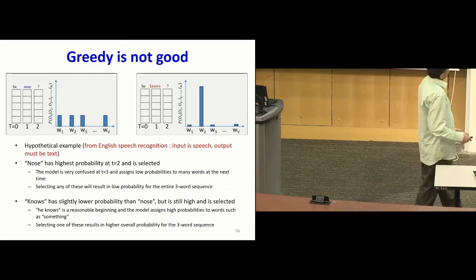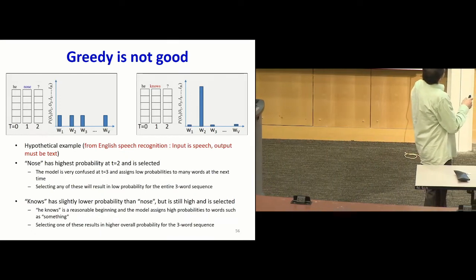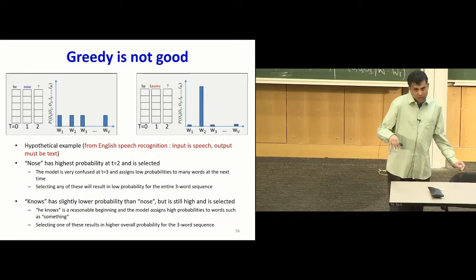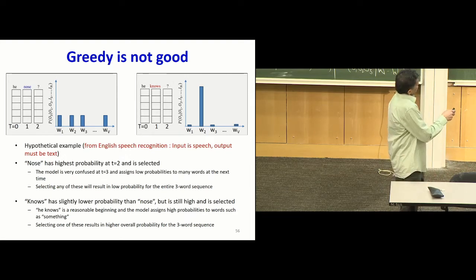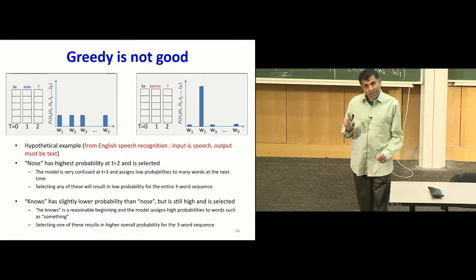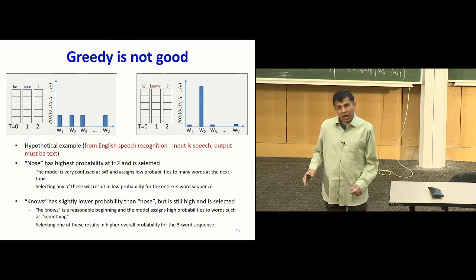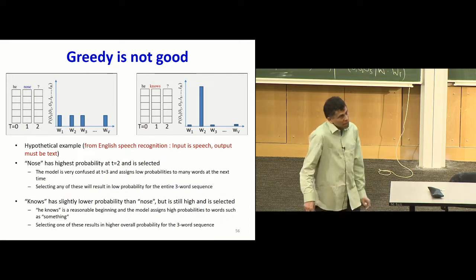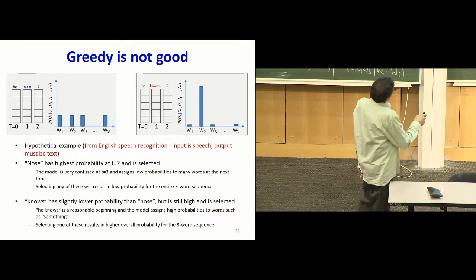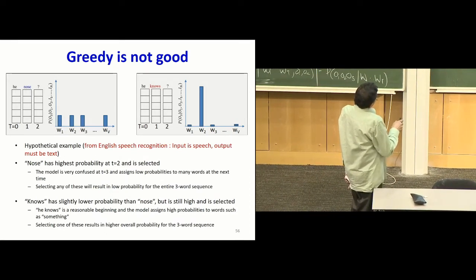So for example, in this case, the probabilities of all words may be somewhat low, whereas if you chose KNOWS, then it's going to assign a small subset of words high probabilities, and the rest of them are going to have very low probabilities.